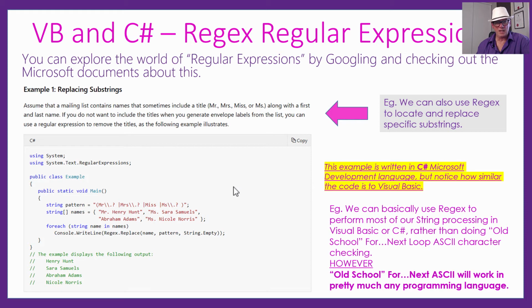So that's great if you're in Visual Basic or C# in a Microsoft environment, but what if you're working for Apple and doing Apple stuff because they use their own special version of C? What if you're developing web stuff and using Python or C++ or something else? Well, you see, with the for next loop method we taught you with the ASCII codes, that's something you use in all of those languages.